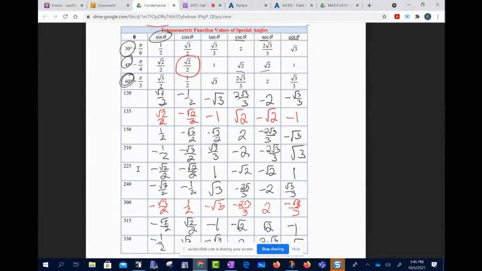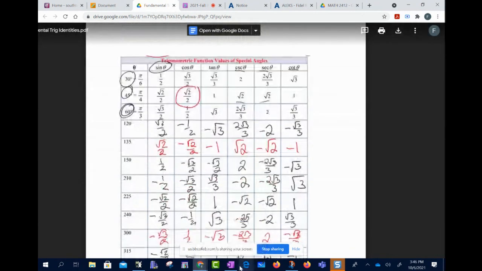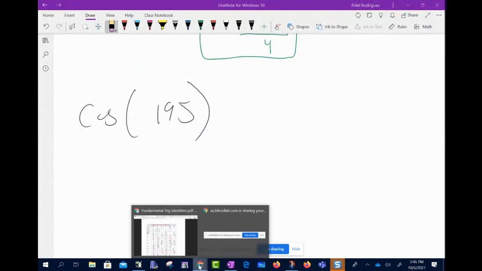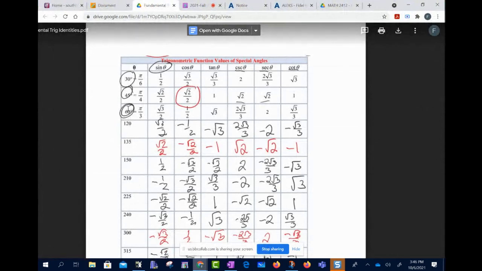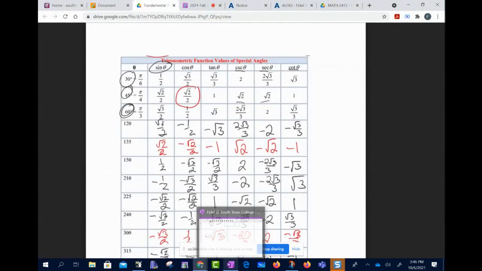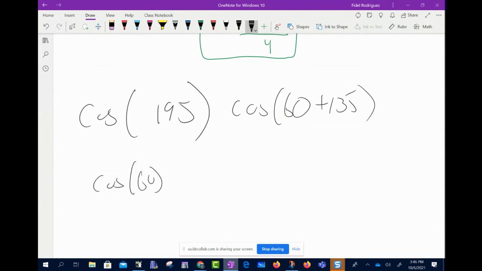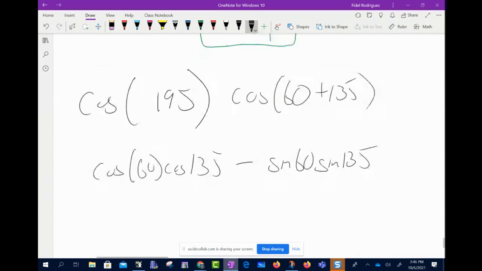If we were going to stick with our positive 195, couldn't we have said 60 and 135? Okay, so let's do that. If we say this is cosine of 60 plus 135, that would give me cosine 60, cosine 135 minus sine 60, sine 135.